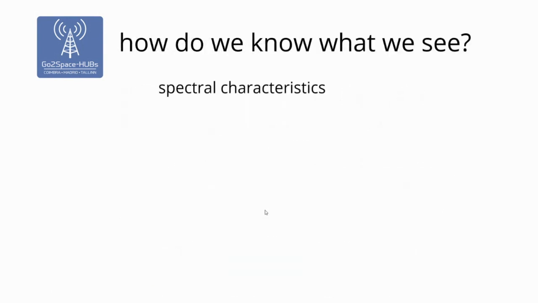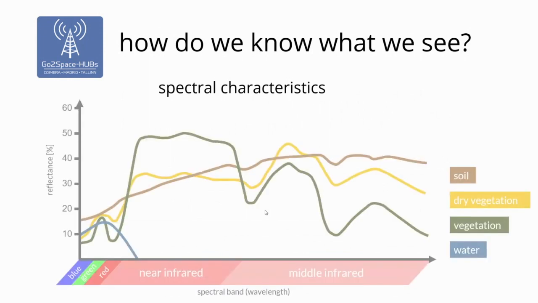So we learn something called spectral characteristics. We will refer to it in some parts of our presentation. That's basically a function or set of functions showing us how objects, and objects in different conditions, reflect different bands of radiation.